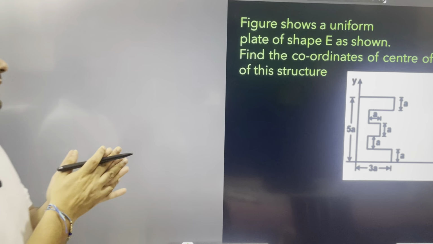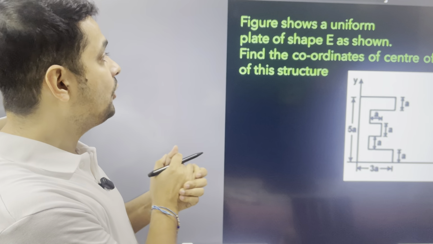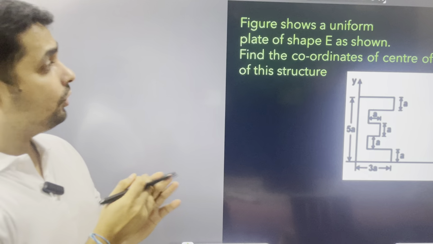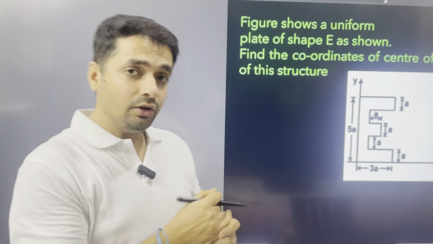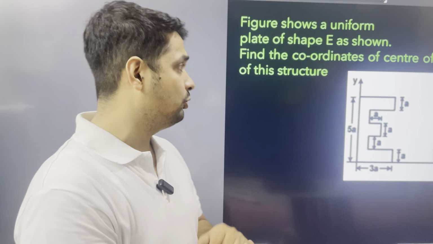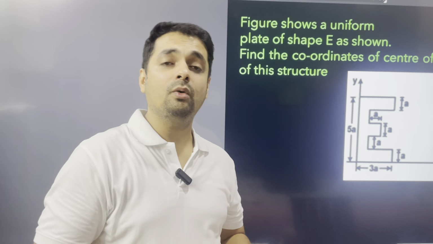Now you see here, it's given one letter E, a uniform plate of shape E as shown. Find the coordinates of the center of mass of this structure. Just try to understand, whenever a laminar body, a two-dimensional plate, is there and mass is not given, then what should we consider?